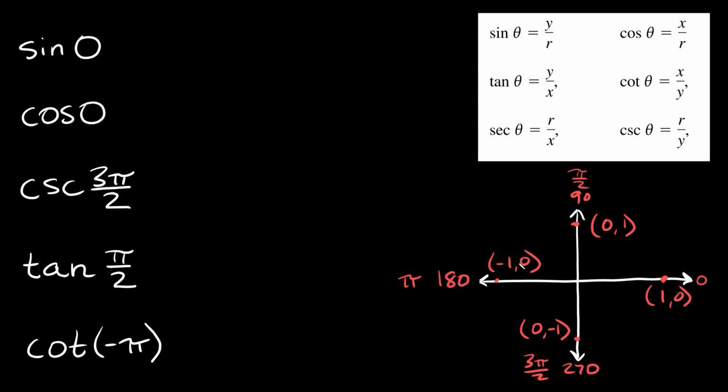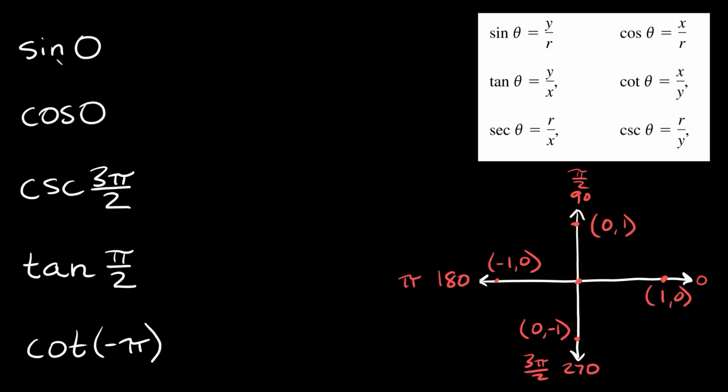As you can see, all these 4 points are 1 unit away from the origin. That means this distance right here is our r distance. So r, the distance from the origin to any of these points, is equal to 1.